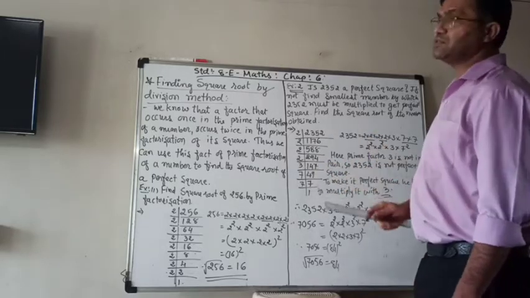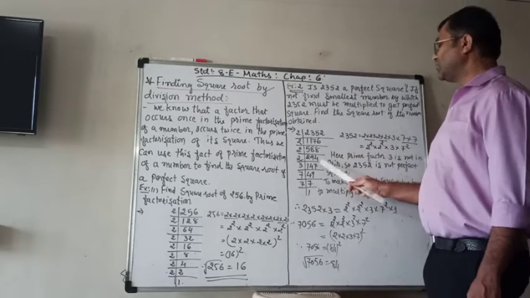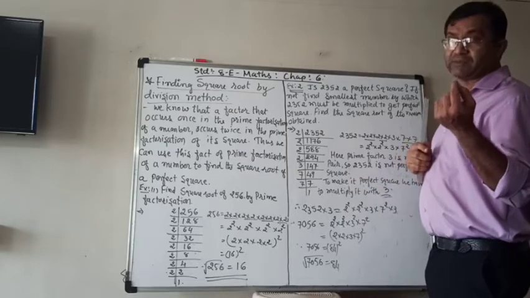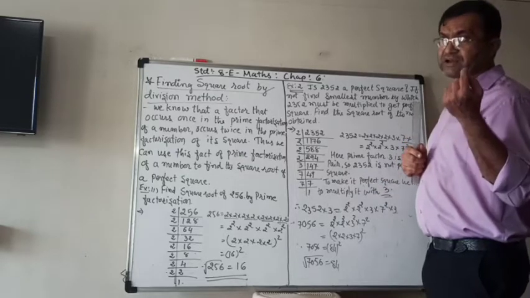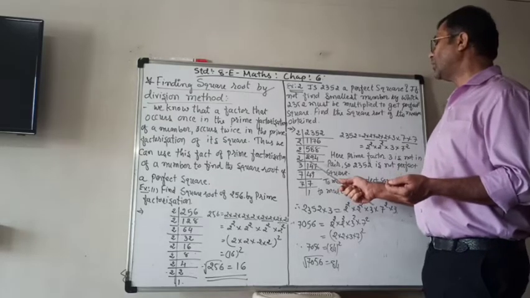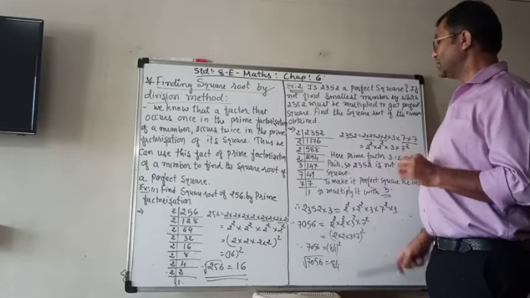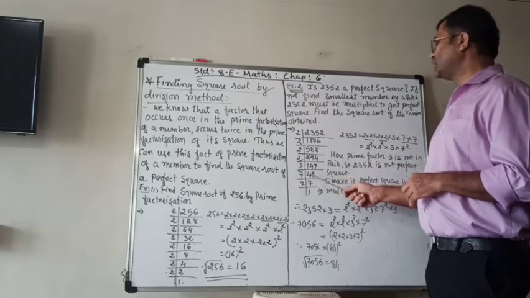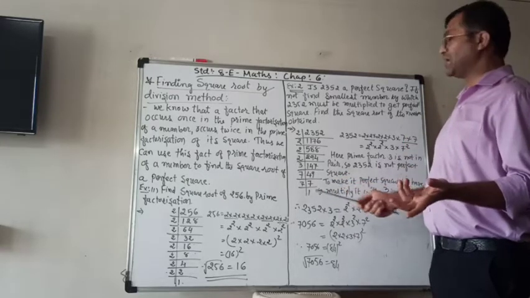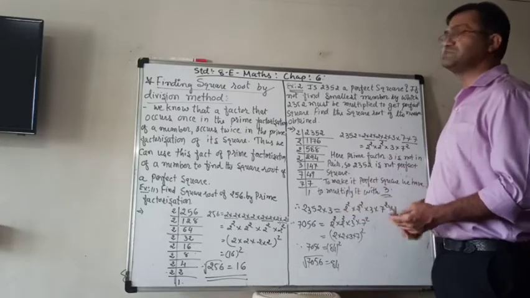Now 147 is not an even number, it is an odd number. So check with 3. We know the divisibility test that you learned in standard 6. Here 7 plus 4, 11, plus 1, 12. 12 is divisible by 3. So we can divide by 3, and we get 49. And you know that 49 is 7 square, meaning 7 sevens are 49.